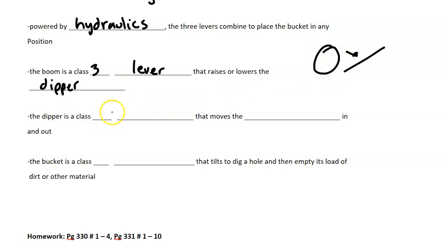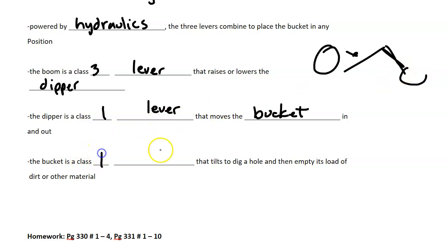The dipper is actually a class 1 lever, which moves the bucket. So that second one there next to the bucket, and the bucket is also a class 1 lever. That tilts to dig a hole and empty its load of dirt and other material. It's all just a combination of systems.